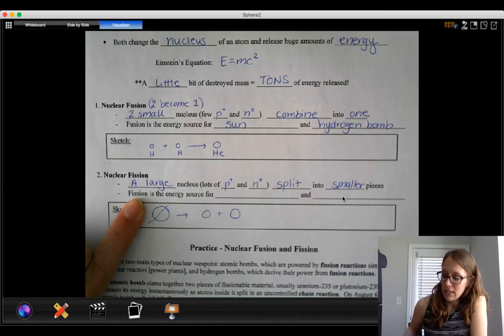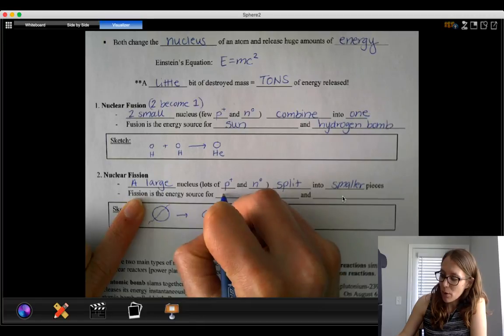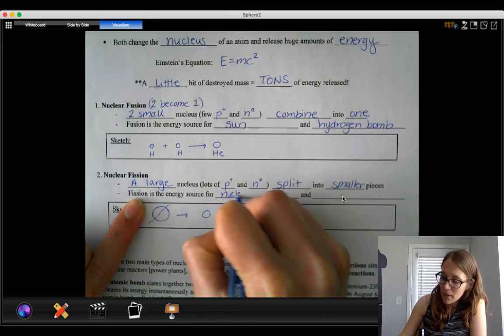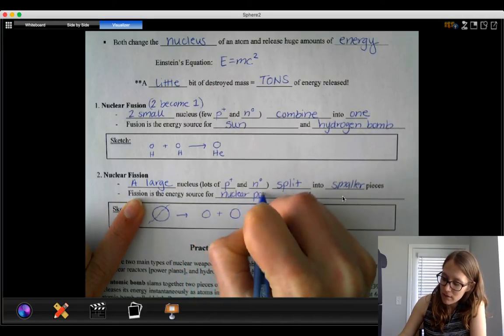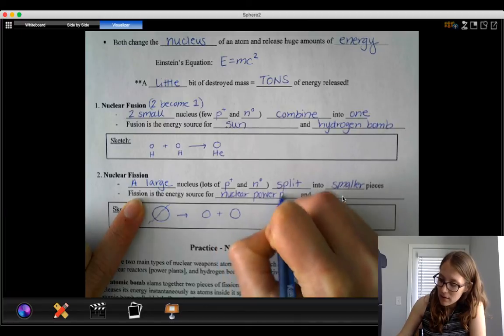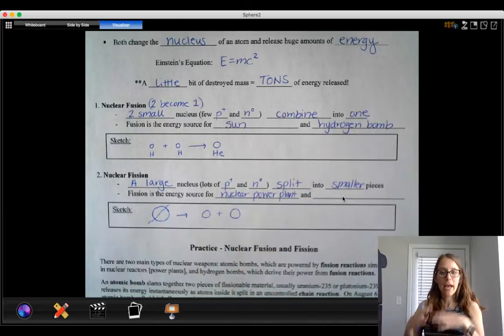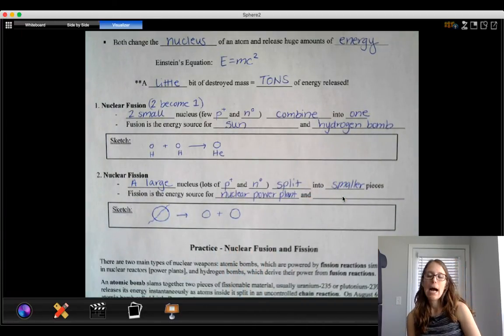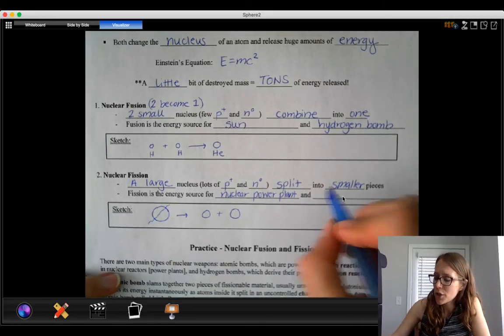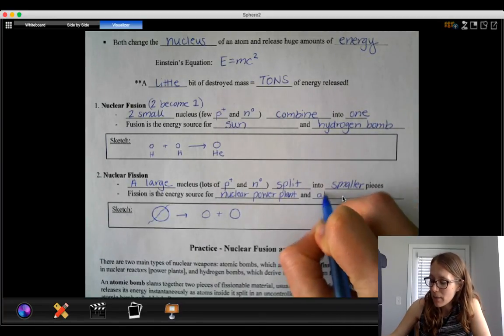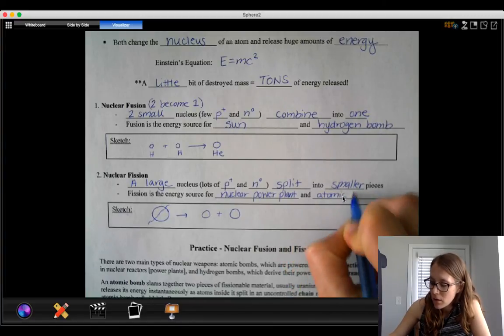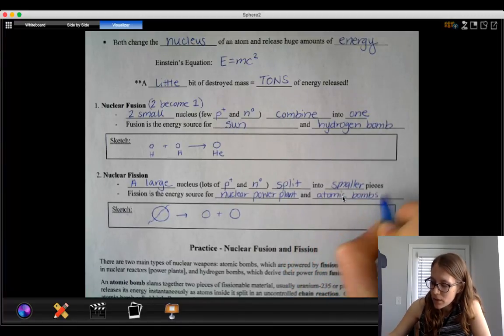Nuclear fission is the energy source for power plants. So anytime that there's a nuclear power plant in the energy production sector, that's using nuclear fission. This is also the energy source for the atomic bombs that were used in World War II.